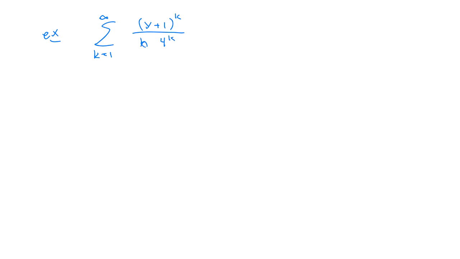So that's the sum of (x plus 1) to the k over k times 4 to the k in the denominator. So for all of these, which test are we using for the initial part? Yep, so lots of people got it. So ratio.